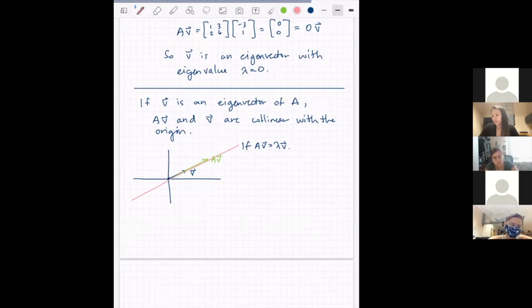And for instance, if you have another vector w that is not an eigenvector, then A times w will end up being not collinear with the origin and w. So it's not just a scaling of that vector, it sends it to something on a different line, right?